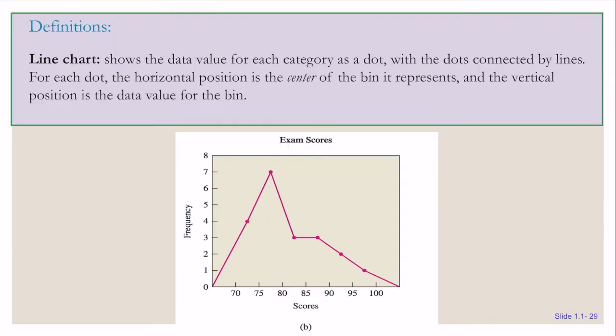The last couple of graphs I'm going to talk about are line charts and stem and leaf plots. A line chart shows the data value for each category as a dot, with the dots connected by lines, okay? For each dot, the horizontal position is the center of the bin it represents, and the vertical position is the data value for that bin.